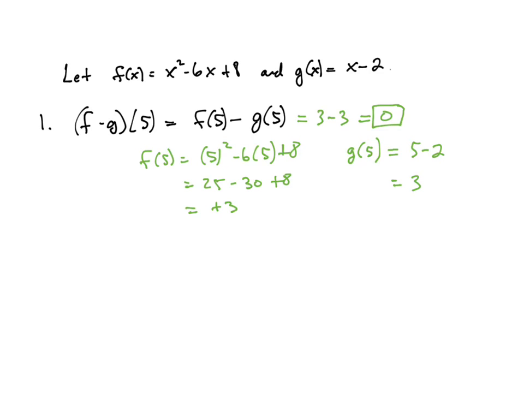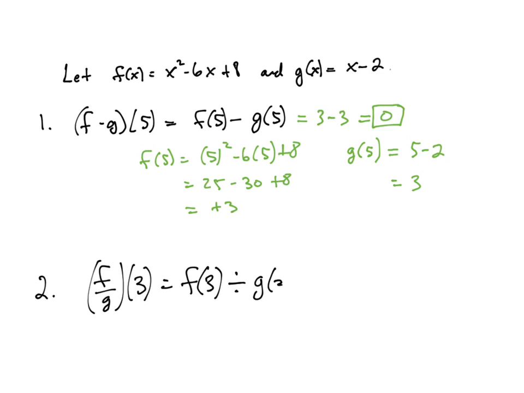Let's do a second one. If we have f over g of 3, what this means is f of 3 divided by g of 3. So f of 3, we have 3 squared minus 6 times 3 plus 8. 9 minus 18 is negative 9 plus 8.